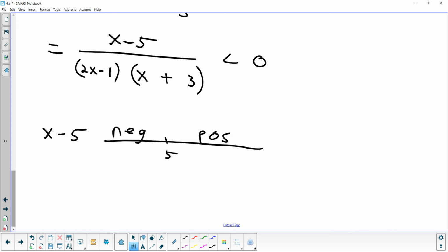Let's check 2x minus 1. What's the root of 2x minus 1? Positive 1/2. If you plug in numbers smaller than 1/2, what do you get for 2x minus 1?